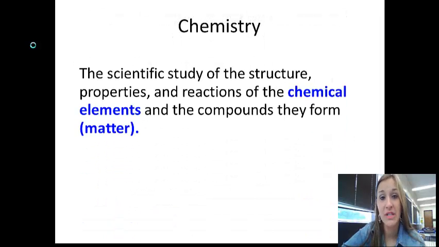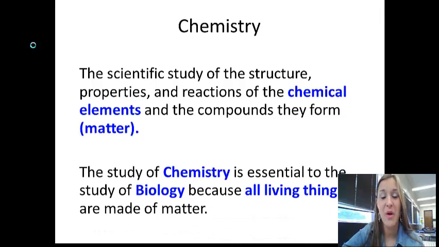Before we begin, we just need to talk about what chemistry is. Obviously, this course is biology, but chemistry and biology are linked. Chemistry is the scientific study of the structure, properties, and reactions of the chemical elements and the compounds they form. So we're going to be looking at the structure of molecules, what it looks like.